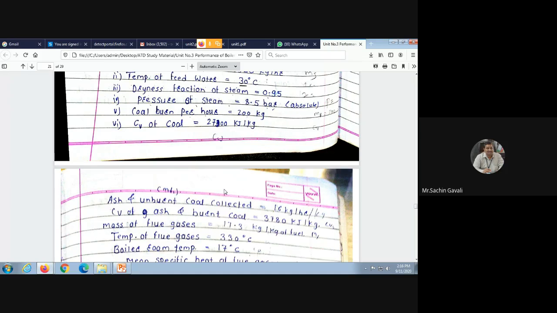Then ash and unburned coal collected, 16 kg per hour.